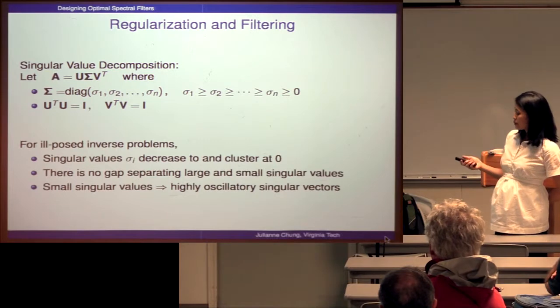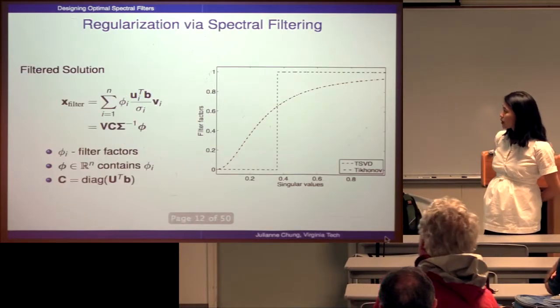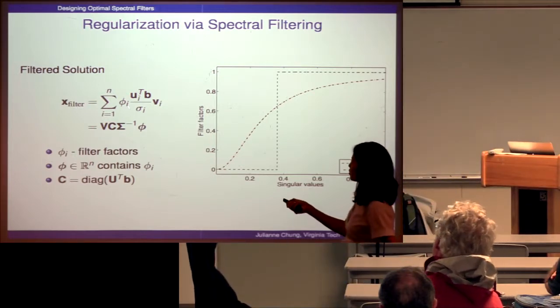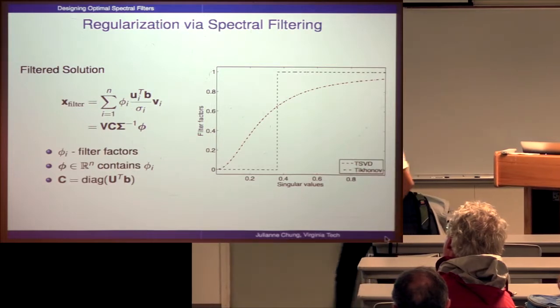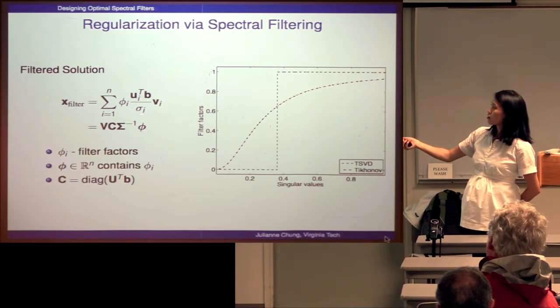Now, why is this important? When you write down the inverse solution, I'll go ahead and put it here. It's essentially this without the phi. So the inverse solution is everything except this phi here. You see that what you do is you're dividing by singular values. For those small singular values, you're dividing by a very small number.